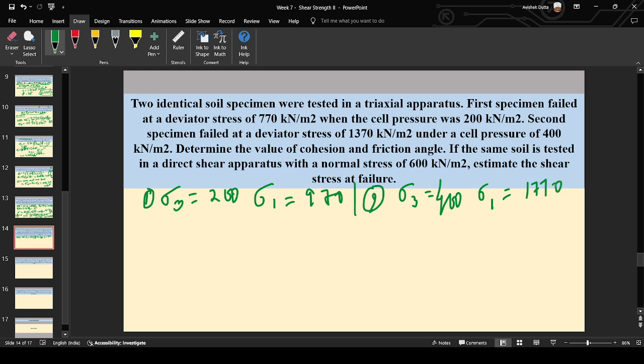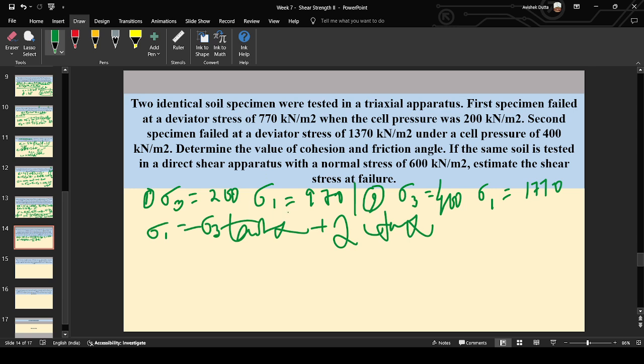Okay. Again, from the equation, sigma 1 equals sigma 3 tan square alpha plus 2c tan alpha. We put the two values of sigma 3 and sigma 1 in this equation: two equations, two unknowns. We find the value of c and phi.